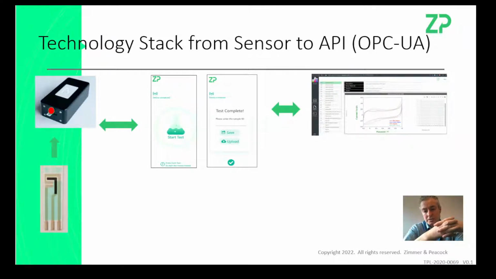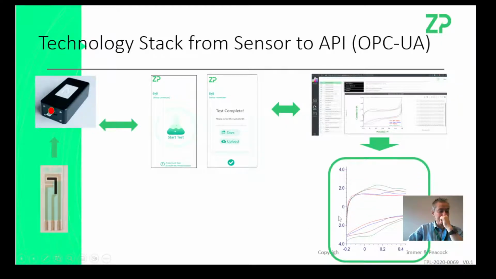But once you move the data to the cloud, it means you can provide either online support using AI interpretation of people's data, or you can actually use other people to help interpret data. And that's something that we do at ZP as well. When a client is using our system, because their data is going to the cloud, they can grant us access, we can log in, have a good look at it and help them out with it.